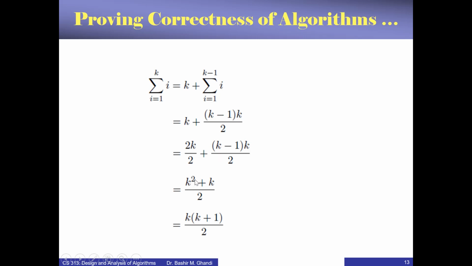So you have k squared. Now 2k minus k will just be k. So you have k squared plus k over 2. And you can factor out the k since k is common. If you factor out the k, you are left with k plus 1, all over 2.